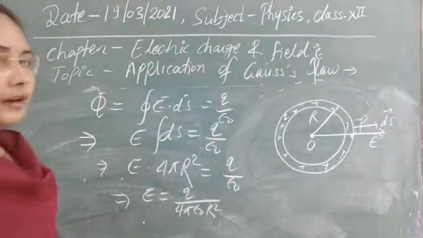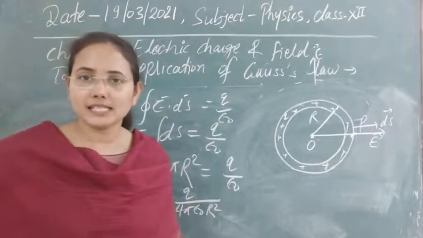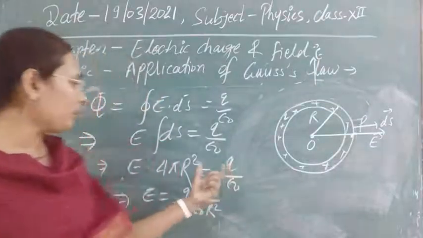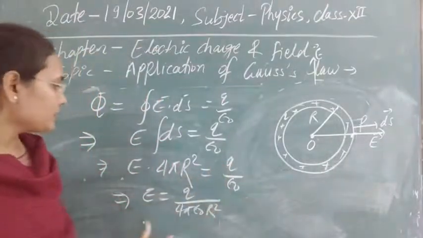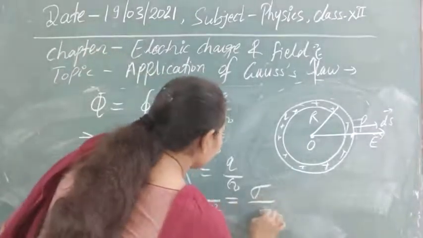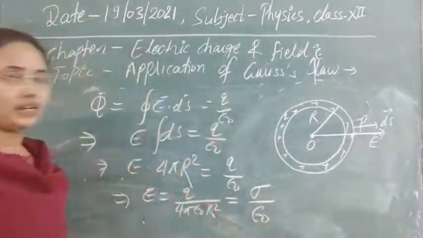And as I told you, the surface charge density on this spherical shell that we calculated is equal to Q upon 4 pi r square. So in place of Q upon 4 pi r square we can write sigma, so this will finally be sigma by epsilon 0.